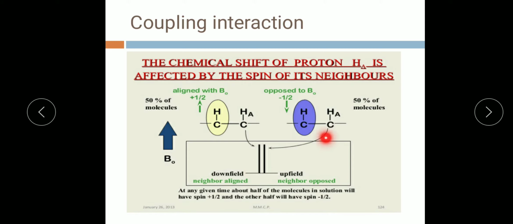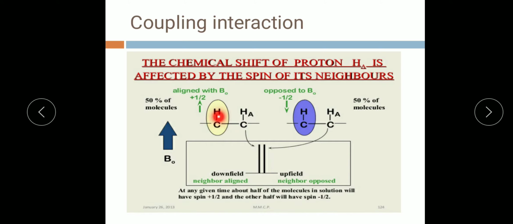If this brinjal colored proton has the spin minus half, when the proton having the minus half spin couples with the adjacent protons, you will get the signal in the upfield region.